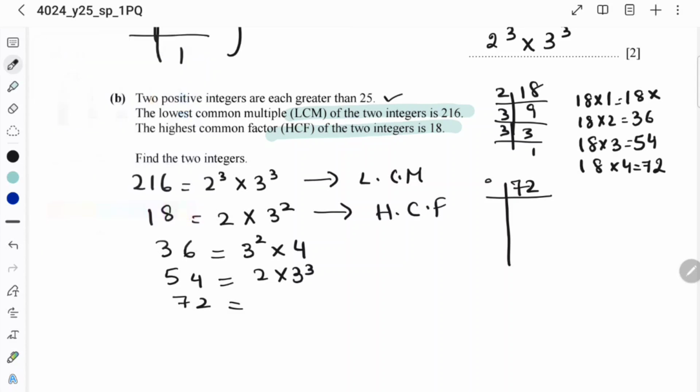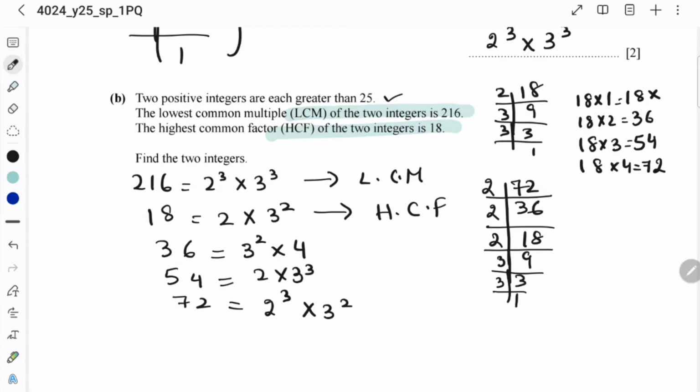That is 2 times 36, take the same times table, divide by 2, and it is 18. 2 times 9, and 3 3s are 9, and 3 1s are 3. So that is 8 times 9. So that is 2 cube into 3 square.